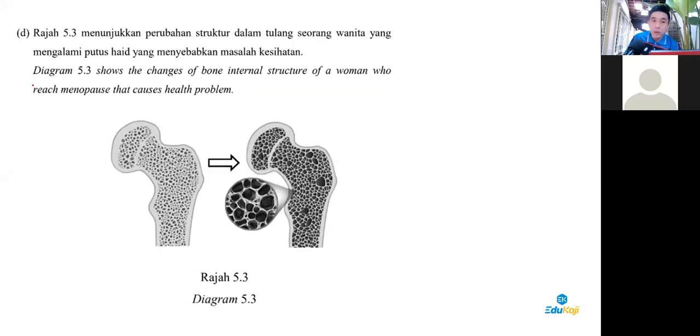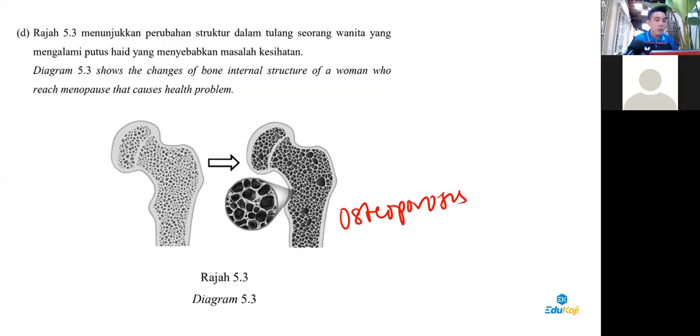Okay, moving on. This is a very popular trial question that comes up nearly every year for the past I don't know how many years. For now, they are asking about osteoporosis, because we all know osteoporosis is where bones become porous and brittle, berlubang dan senang pecah.